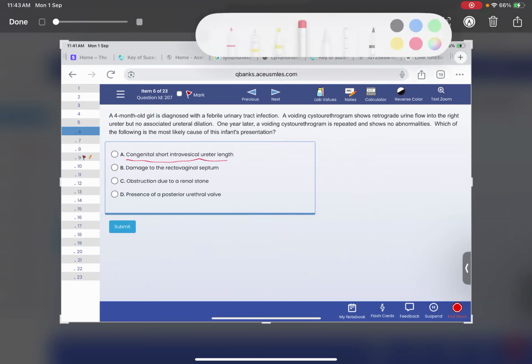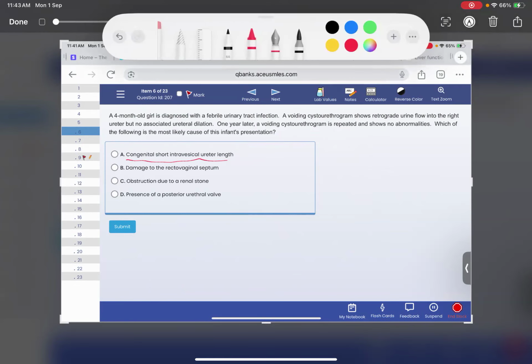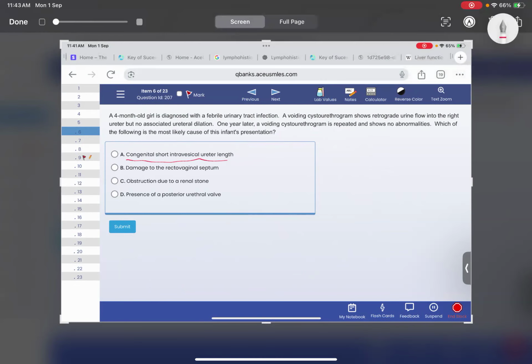We have a 4-month-old girl with a urinary tract infection, retrograde urine flow into the right ureter, and no urethral dilatation. Which of the following is the most likely cause of this presentation?